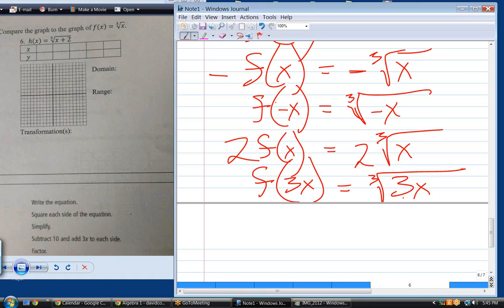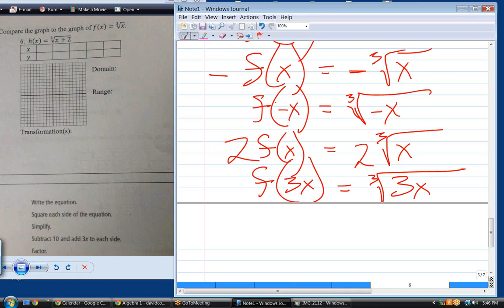So it's the opposite of the way vertical stretches work. For a vertical stretch, this was a vertical stretch by a factor of 2, but this is a horizontal scrunch by a factor of 3. It's compressing it horizontally. Okay. But just remember it's the opposite.